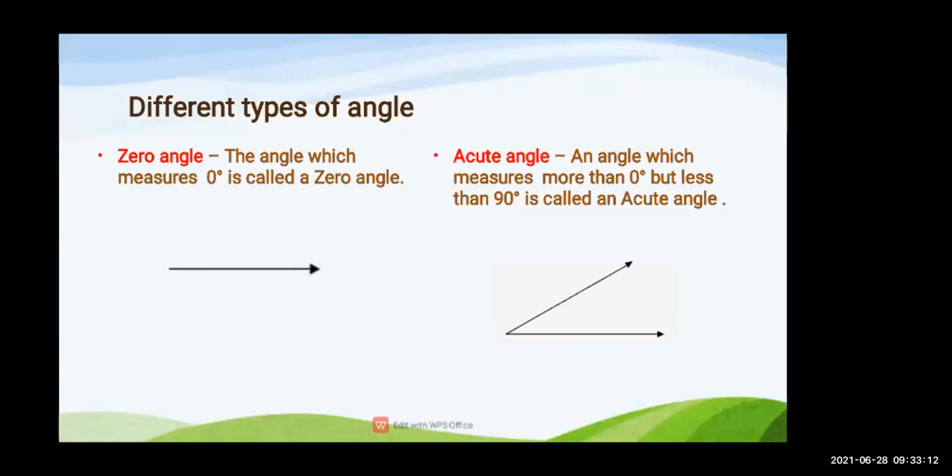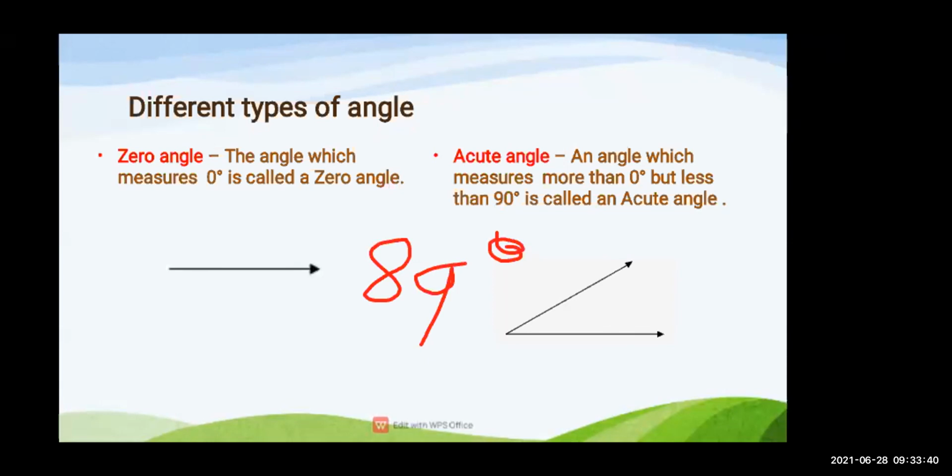Now zero angle means its measure should be how much? 0. And acute angle means more than 0 but less than 90. For example, if it is 89 degree, this is also which type of angle? Can you tell me the answer in the chat box?